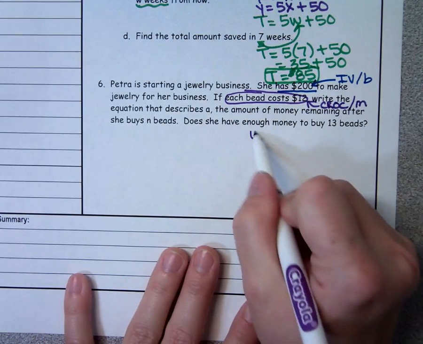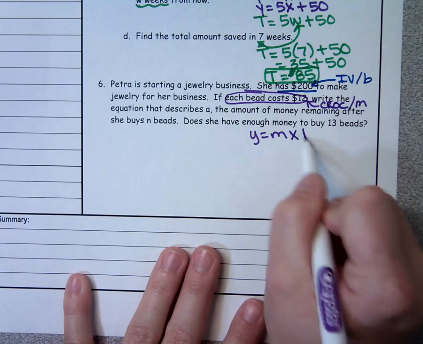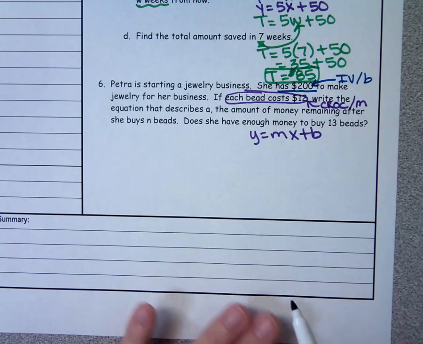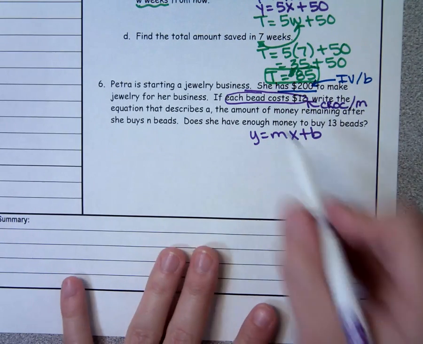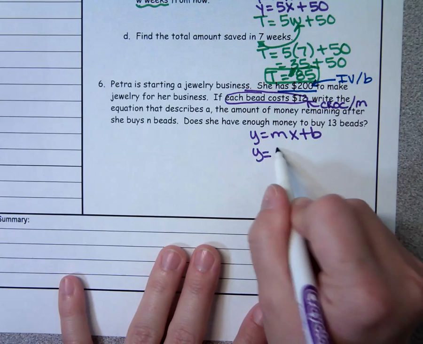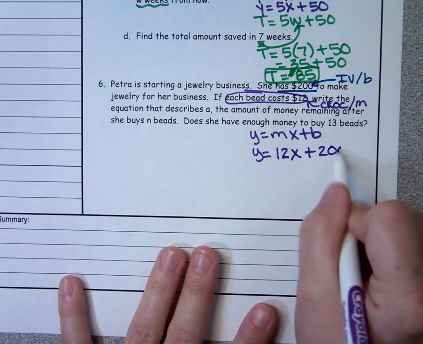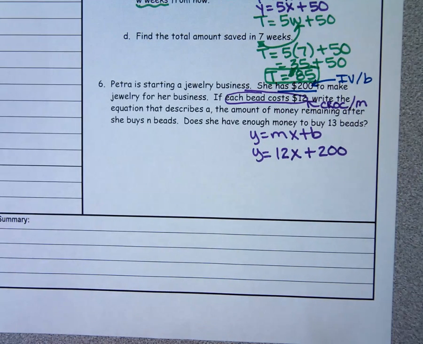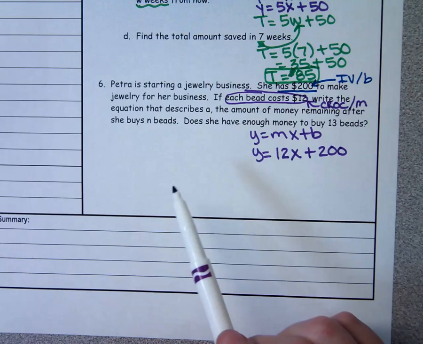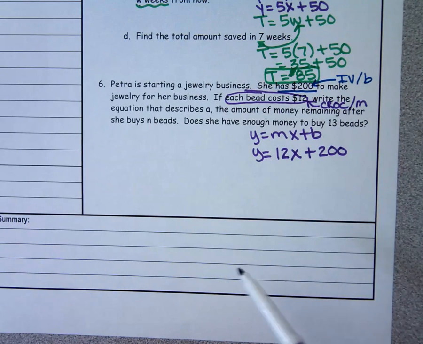Okay, so let me write our equation in slope-intercept form. And what would it look like? Y equals 12x plus 200. Now, let's just stop and look at this equation and see if you think that you agree with me. She has $200 to make jewelry for her business, and each bead costs $12.